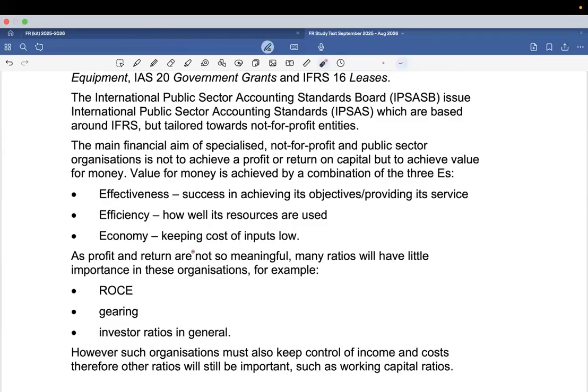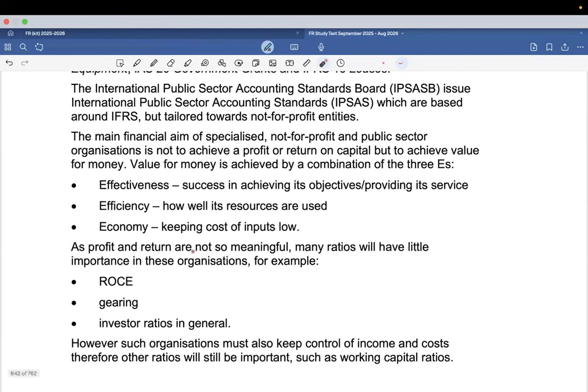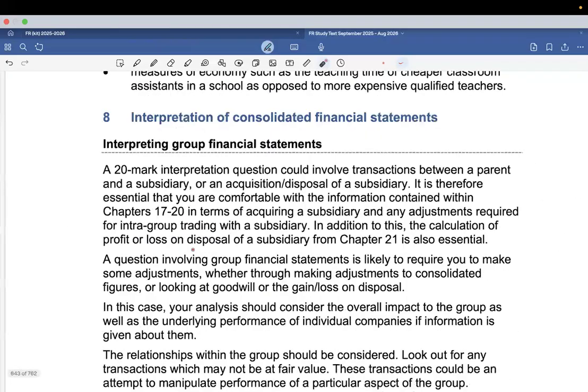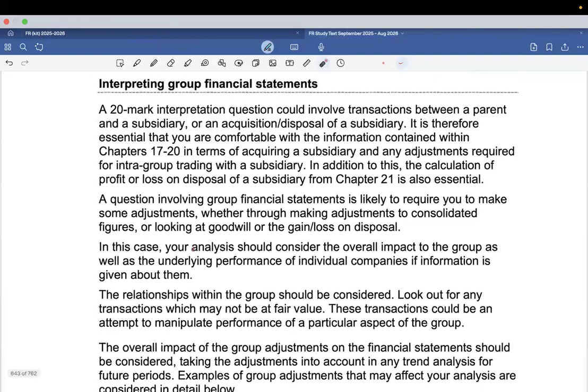However, we can also use ROCE to decide whether the funds invested are creating that much return. The gearing or the investor ratios in general are least important to these organizations because these use profit mainly. But a not-for-profit organization is not about profit, it's about satisfaction of the people.